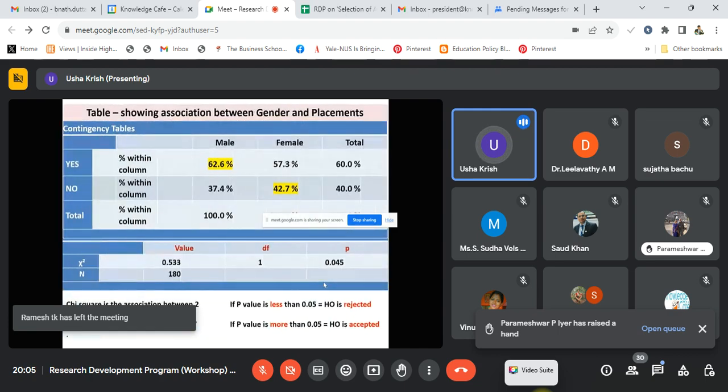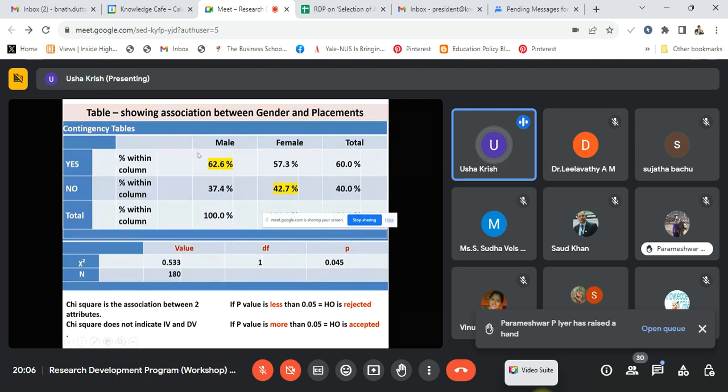Here you find the table showing the chi-square value with male and female details for placements.